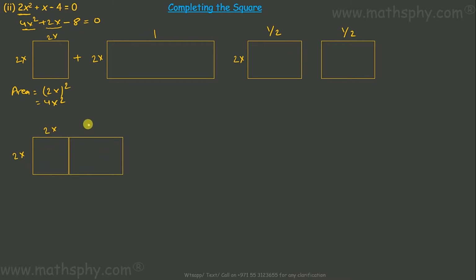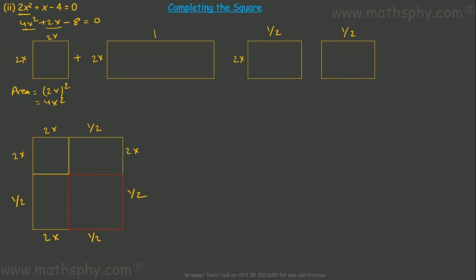So this is 1 half, this is 2x. Let's take this, flip it, and put it here, like this. This is 1 half, this is 2x. Now this figure here, again I do not have a square, I need to have a square. Let's borrow this square and put it here. This will be 1 half, 1 half. This square, dimension of this would be 1 half, all the sides.